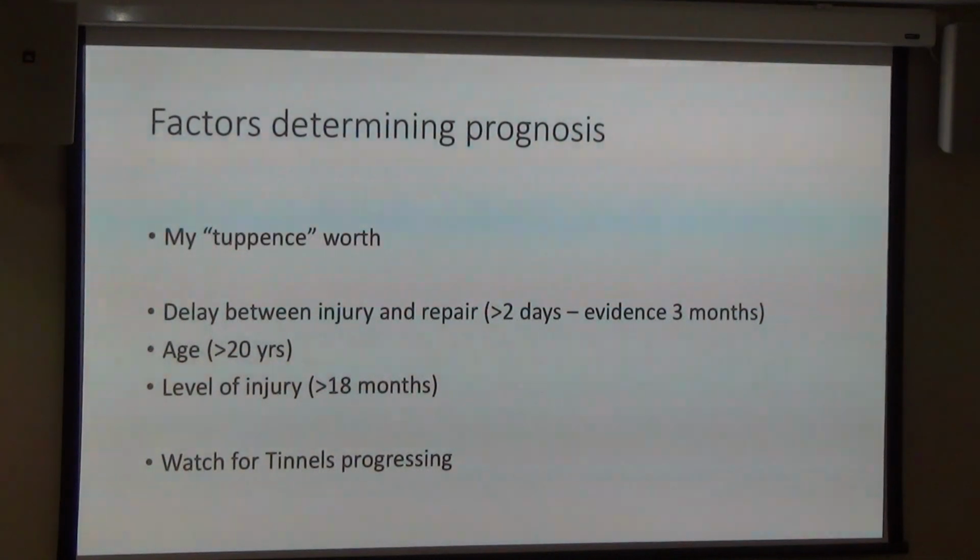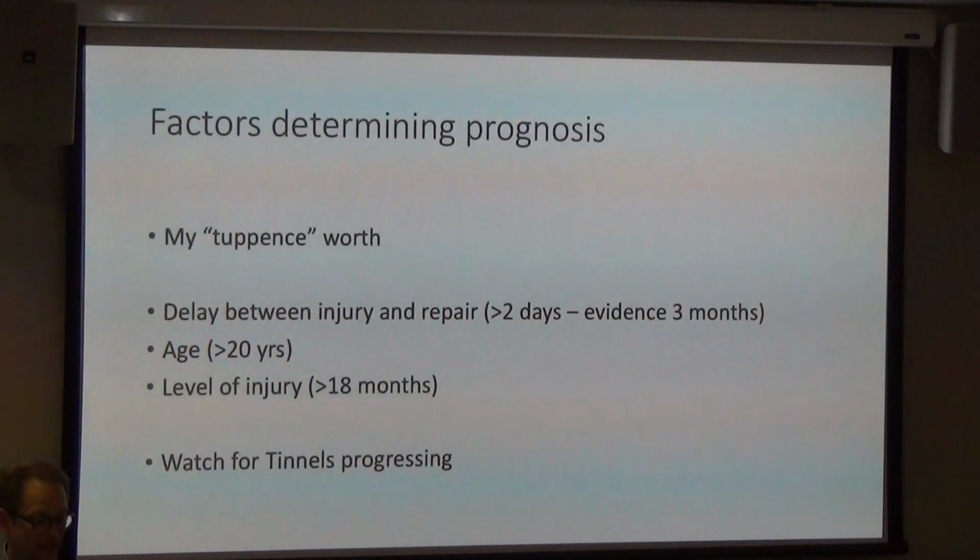You need to watch them with Tinel's test. You need to know your anatomy, particularly as the radial nerve is very prone to injury. You need to know which one comes back and when, and sensation. But you also need to record Tinel's test. So you follow the radial nerve through its course, and every time you see them in clinic, you measure where their Tinel's sign is, and you find a landmark which everyone else can find.